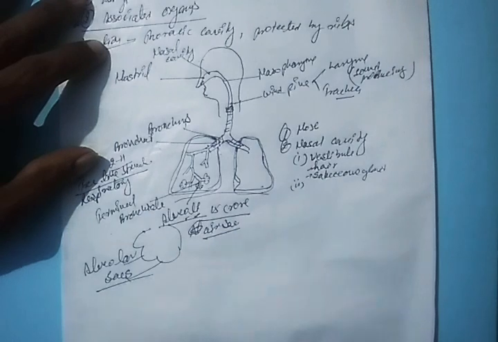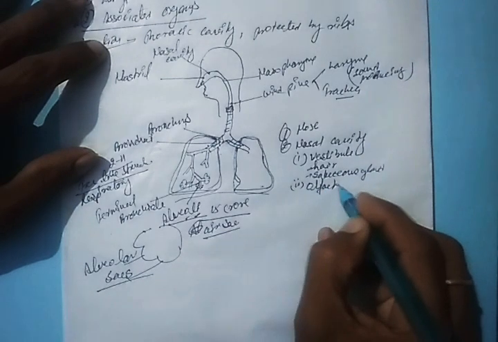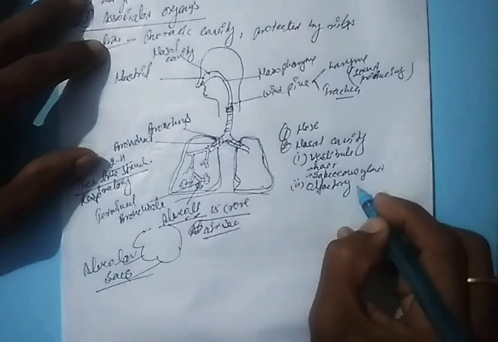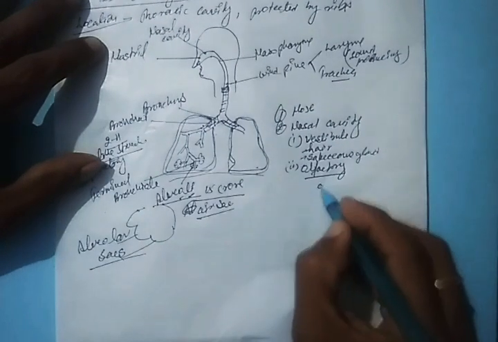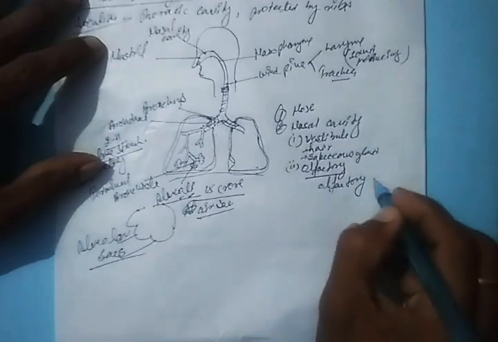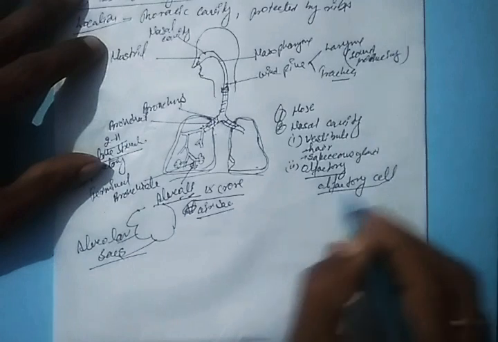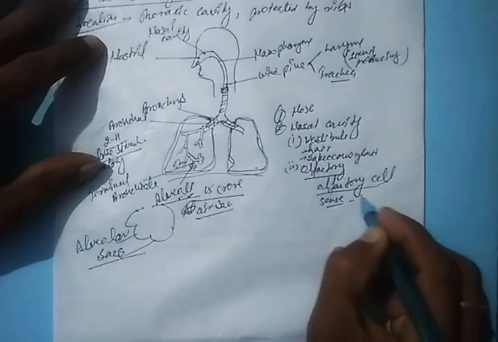The next part is the olfactory region. This region contains olfactory cells which sense smell.